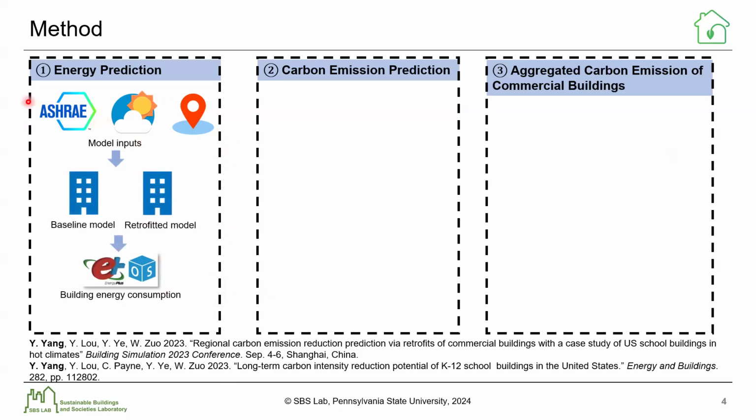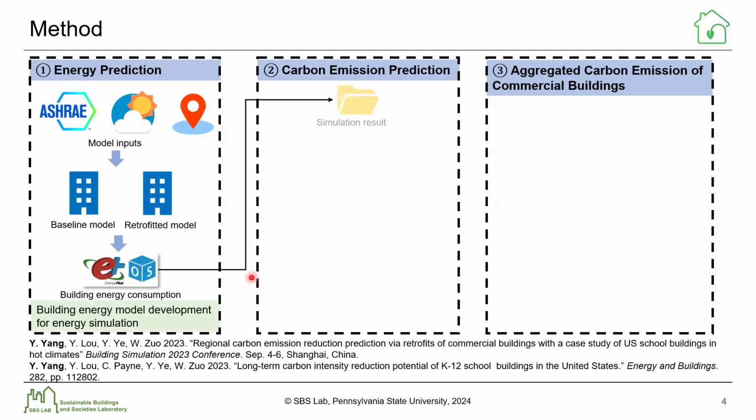We usually collect the outdoor condition, the climate, and the building energy code used for other building inputs like the heating, ventilating, and air conditioning system, and the building envelope information. Then we have the building energy model to evaluate how the building will consume energy within 1 year.